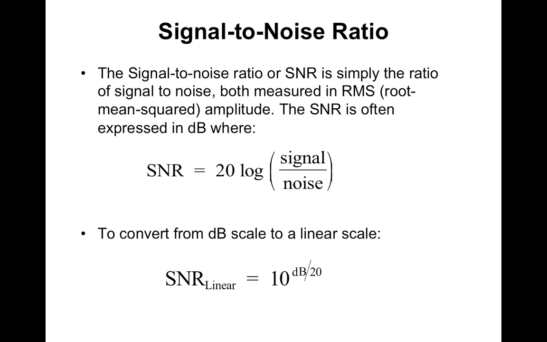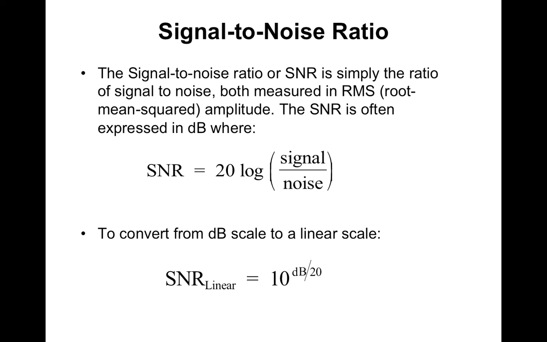So it's a common term in electrical engineering, but it's also used anytime you have signals that have time variation. So the signal to noise ratio is expressed in dB typically, and so basically you take 20 times the log of the RMS signal voltage over the RMS noise voltage.